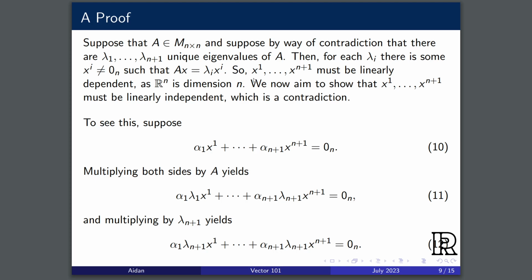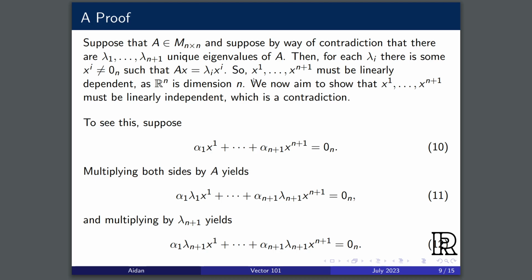Now, the proof strategy we're going to employ is we're going to take just some linear combination of these n plus 1 vectors, and then we're going to prove that each of these alphas must be 0.